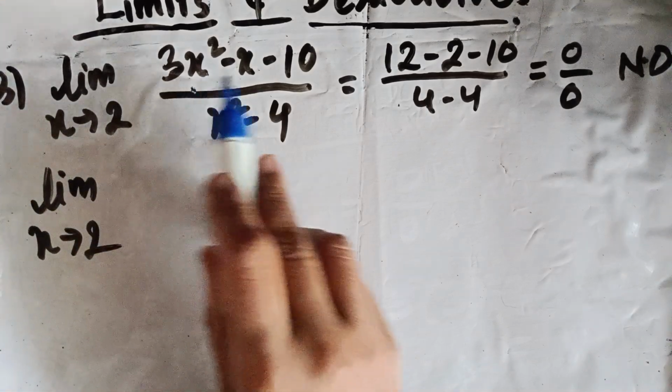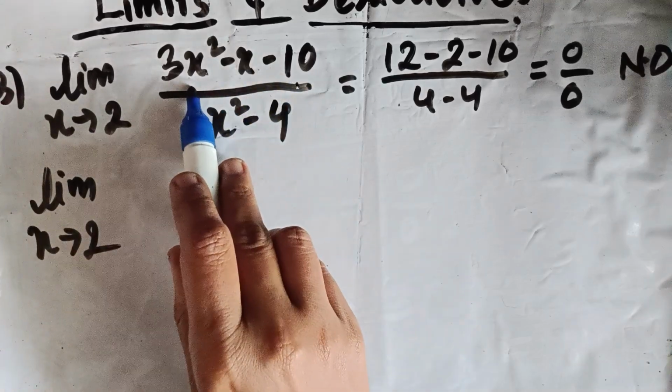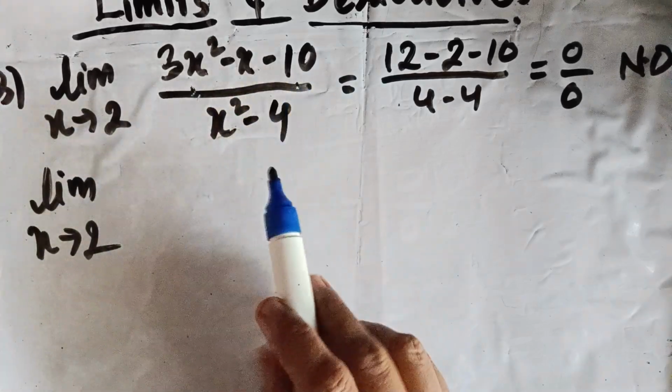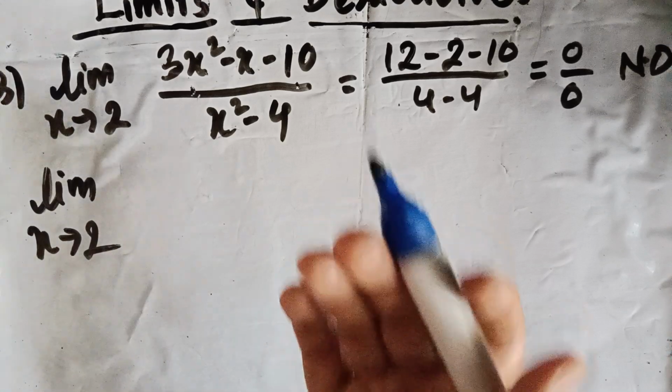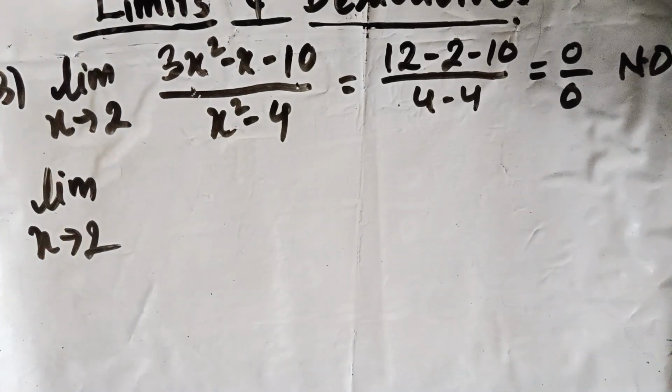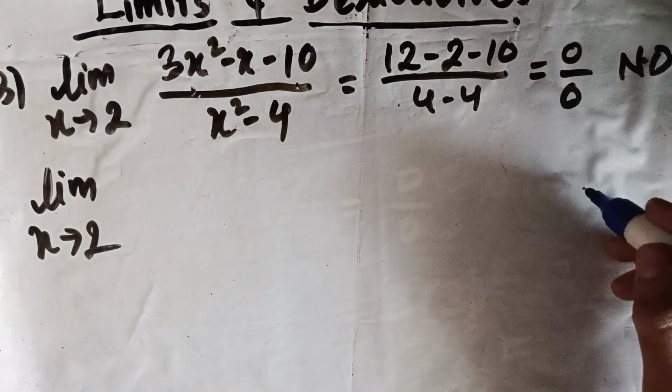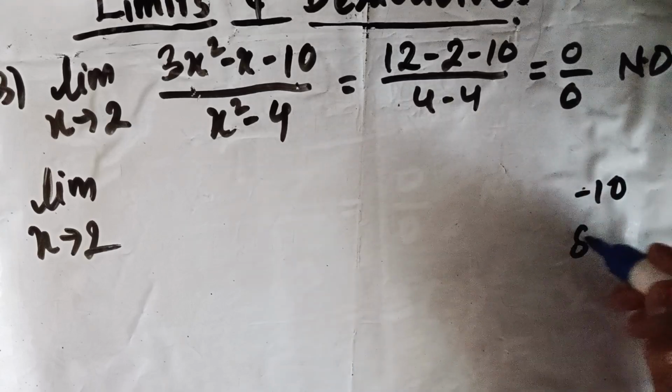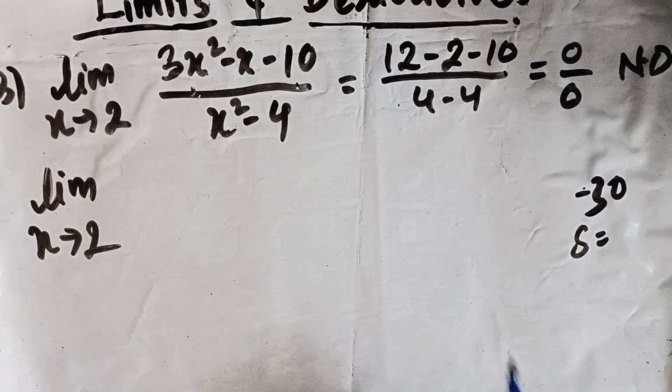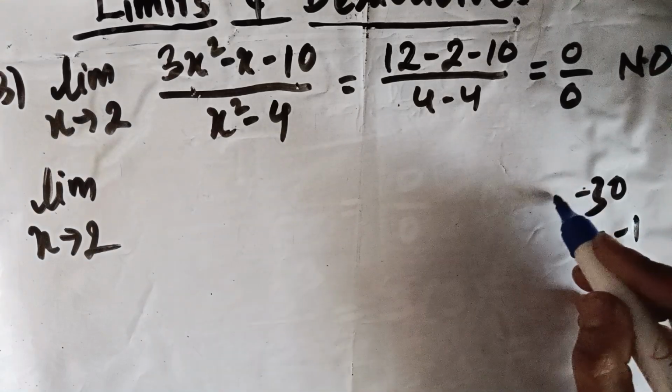So here you can factorize, that is, this is a quadratic equation, correct? So you can find the sum and the product, so you can factorize. So product is minus 30, sum is minus 1.